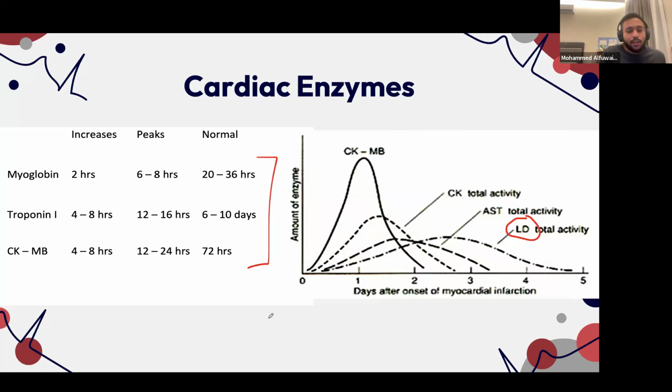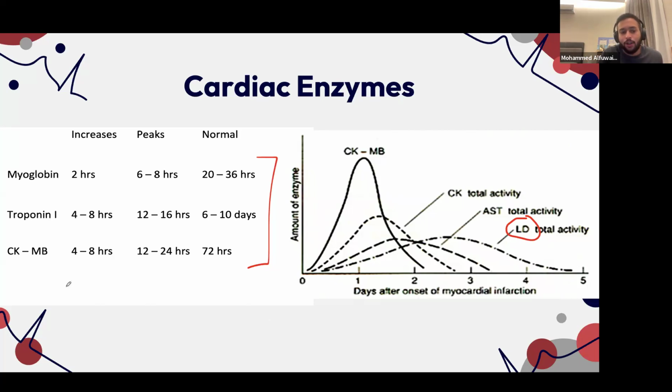So anyways, if I give you a scenario that a patient presented with MI, it's been 1 hour, what marker would you want to use? Realistically speaking, I would agree with you.